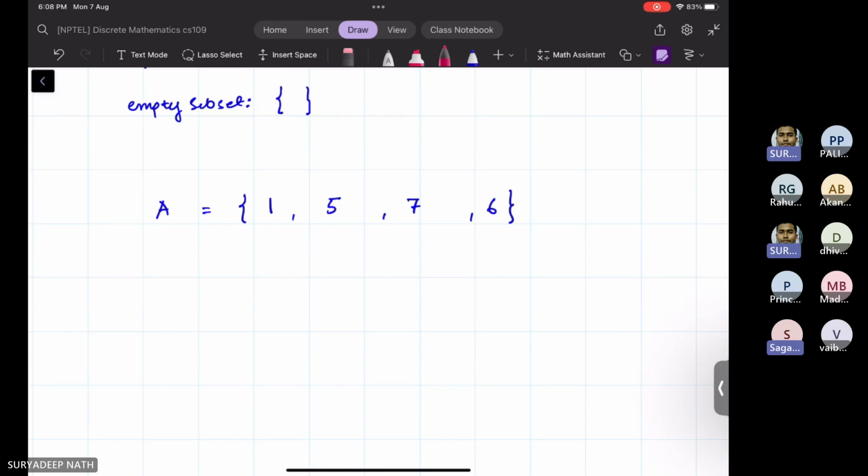So for every element, we have to make two decisions: whether to include it in the subset, yes, or whether not to include it in the subset. So we have two decisions for all of the four elements present in the set.